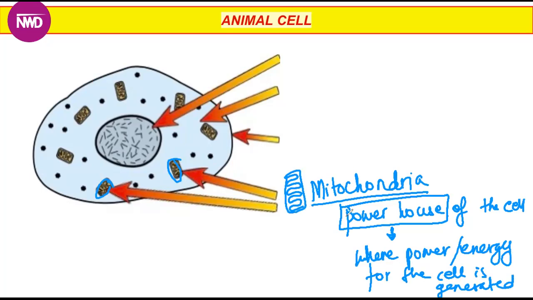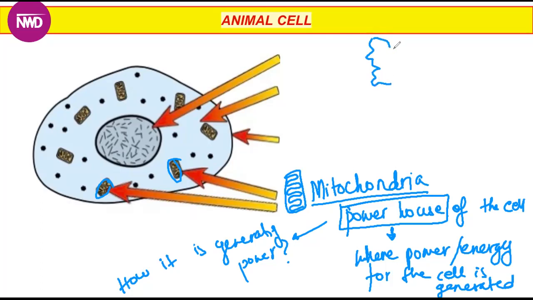But the question is, how is this place generating power? To answer this question, let me make a picture of a man. Just imagine this is a person, a little bit like a man. You know that this person will be taking some food to eat, and he'll also take some oxygen to live.